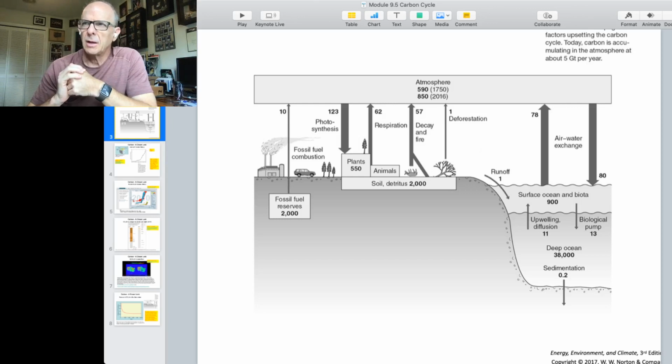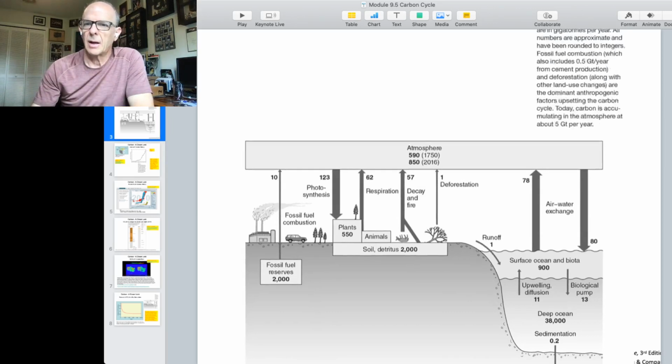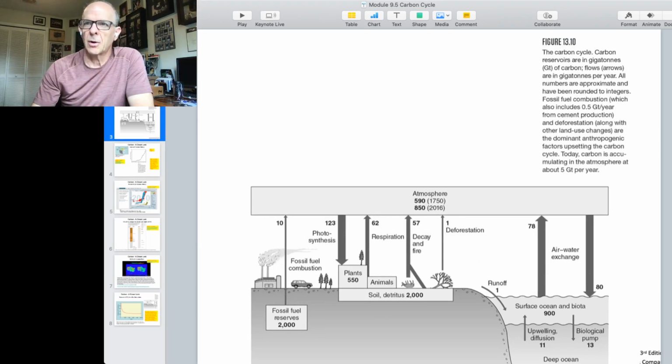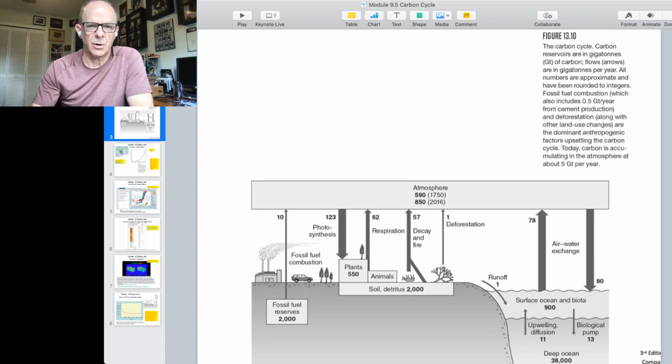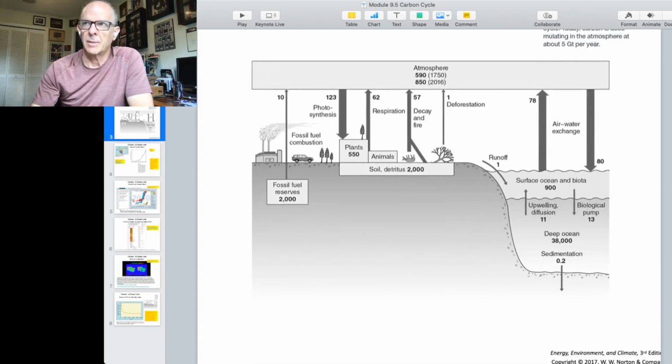So the values in this figure, the numbers in each box and next to each arrow, are in gigatons. If they're in a box, that's a billion tons. That means it's a trillion kilograms. And next to the arrows, it's gigatons per year of carbon.